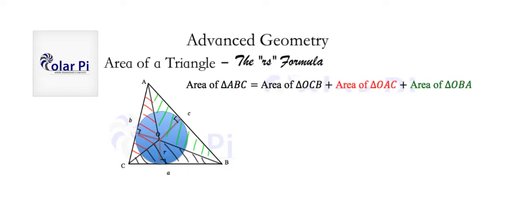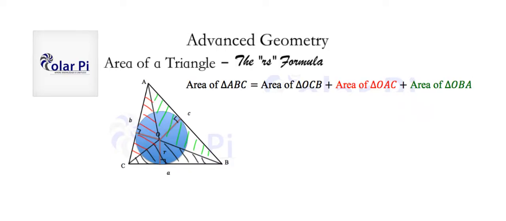So the area of triangle ABC is the area of the black triangle plus the area of the red triangle plus the area of the green triangle. Now, notice that the three radii we have drawn are all altitudes of the three triangles. The radius here is the altitude of the red triangle, the radius here is the altitude of the black triangle, and the radius here is the altitude of the green triangle.